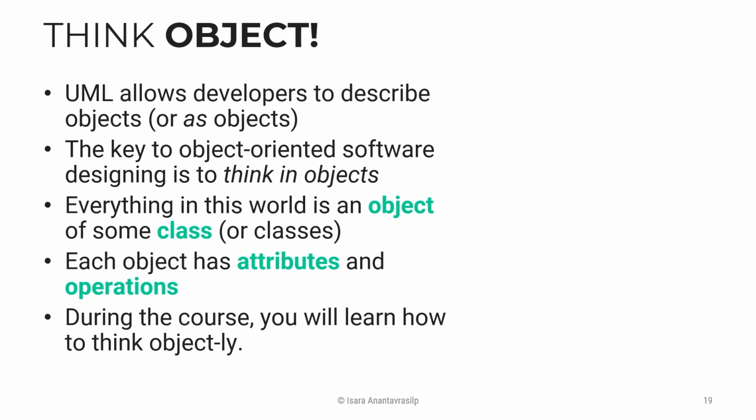Each object has attributes and operations. You need to know what it does. You need to know what kind of information describes this object. A human can have eye colors, hair colors, arms, ears. Well, it is enough to describe a human. A dog could be a little bit more difficult to describe.